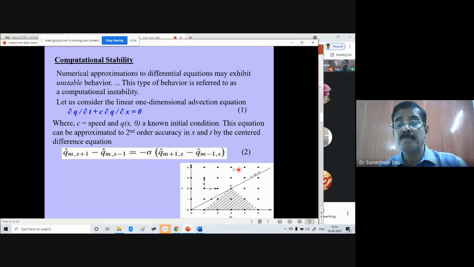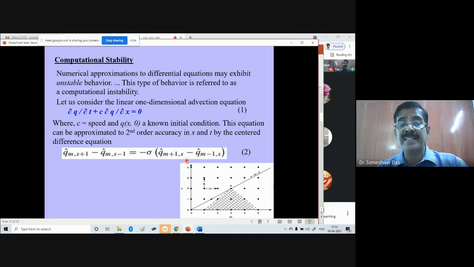So these are the grid points, and the x-axis indicates the index of the grid point, like M. M is indicating the index of the grid point. The suffix M in this equation, as well as all these points, indicates the grid points in space, okay?